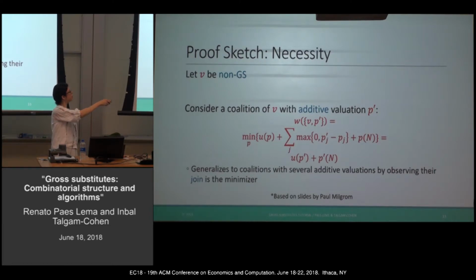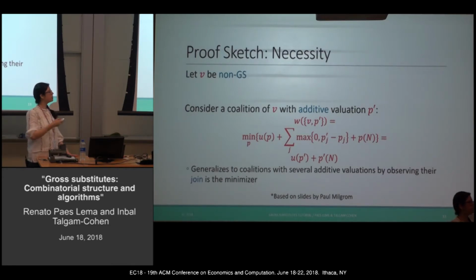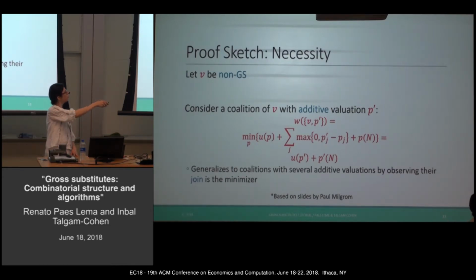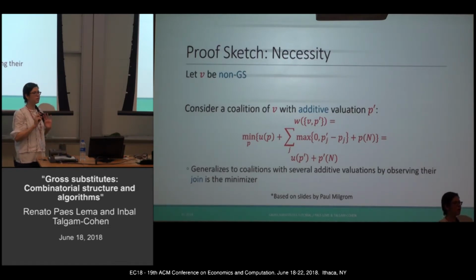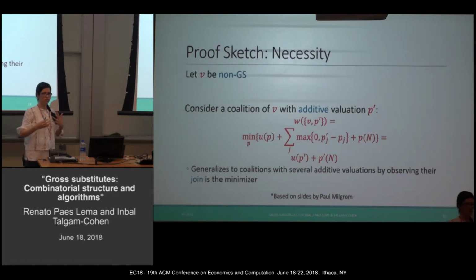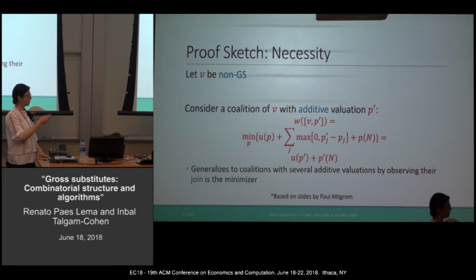We already know this: it's a minimization over price vectors of the utilities. And it turns out it's not hard to see that this minimum is obtained exactly at P prime. So what we get is an expression for the coalitional value function, which is the utility of the player with valuation V under prices P prime plus revenue under prices P prime. It's hard to see immediately, but the proof is just a few lines.